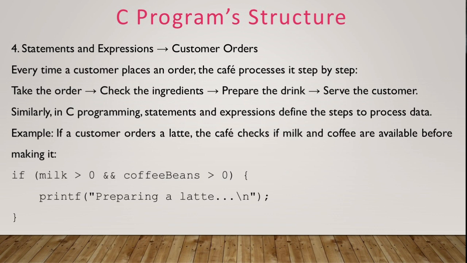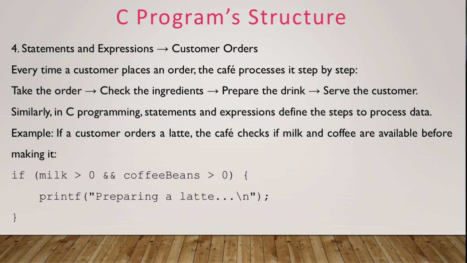Next, we may have certain statements and expressions. Statements and expressions can be like customers' orders. Every time a customer places an order, the cafe processes it step by step. You take the order, then you check the ingredients, you prepare the drink, and you serve the customer.